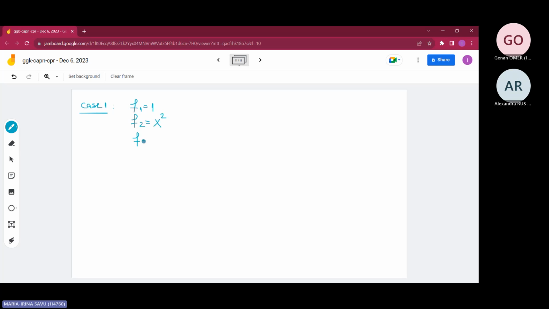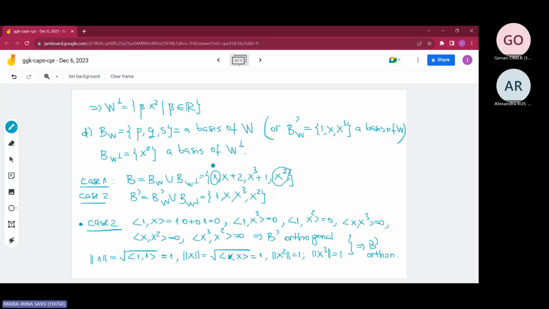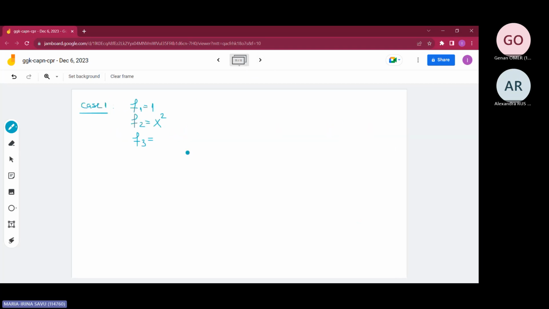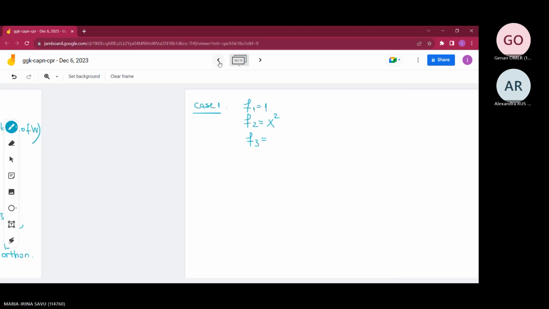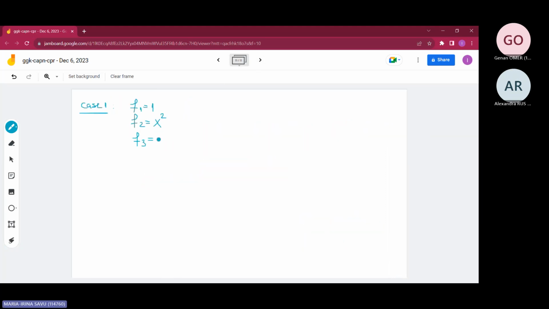If you want to construct F3, let's say this was P, this was Q, this was S, and this is F2. So you have F3 as Q minus the projection of Q onto F1 minus the projection of Q onto F2.